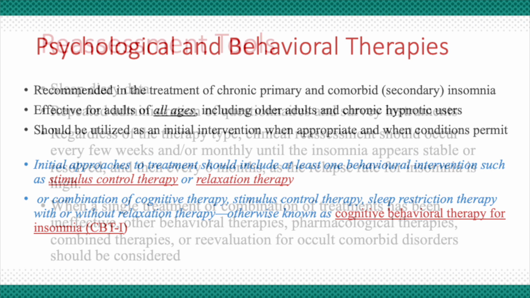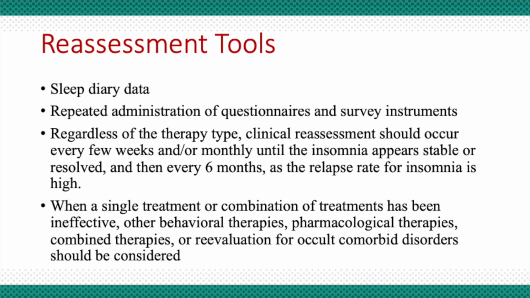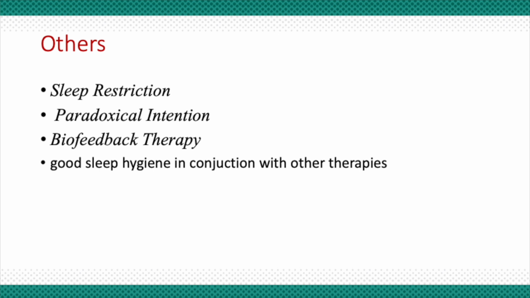Whenever this patient is being managed and followed up, every time we would ensure that the patient is filling the sleep logs, we are seeing the patient's questionnaires, we are giving him surveys, because this problem may relapse. So every month initially and then maybe every 6 months, we must keep the patient in follow up, and if we feel that one kind of therapy is not working, we can always add the other forms of therapy also.